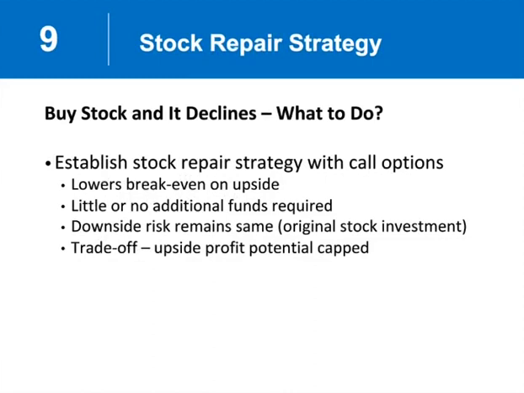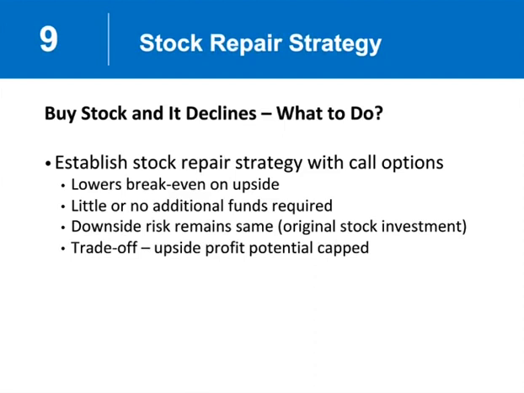So what the stock repair strategy with call options does is it lowers the break-even on the upside. Ideally we try to do this with little or no additional funds, but that really depends on what strikes we go in and establish this stock repair strategy. Important to note that the downside risk in this particular strategy does not change the original position.